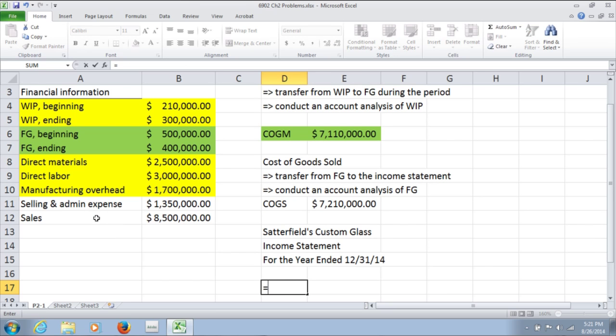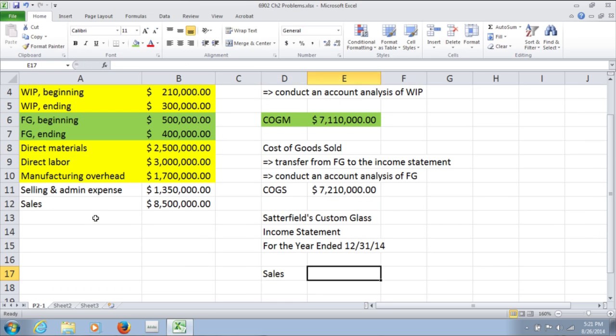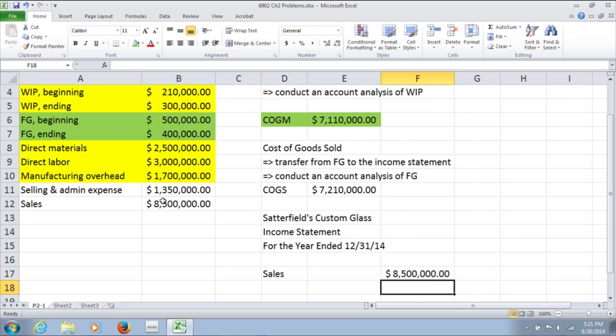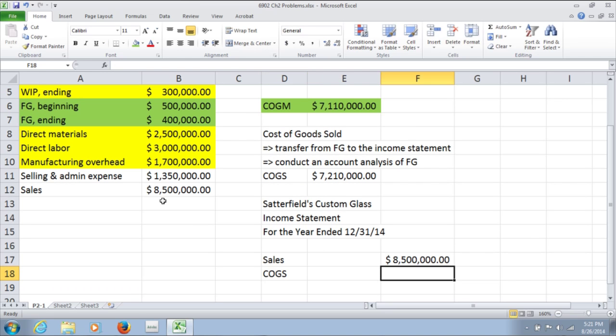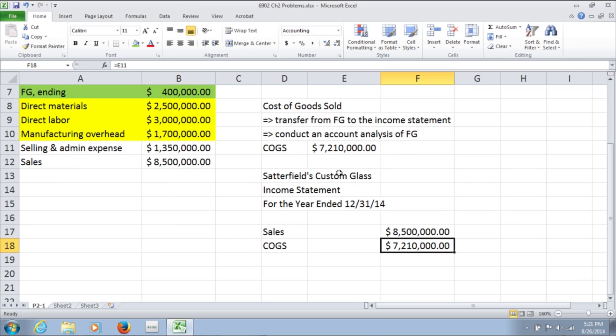Our sales number is given over here, so we can make sure that we have this item in here. So we have our sales number taken care of, our cost of goods sold from above. These are actual account titles.